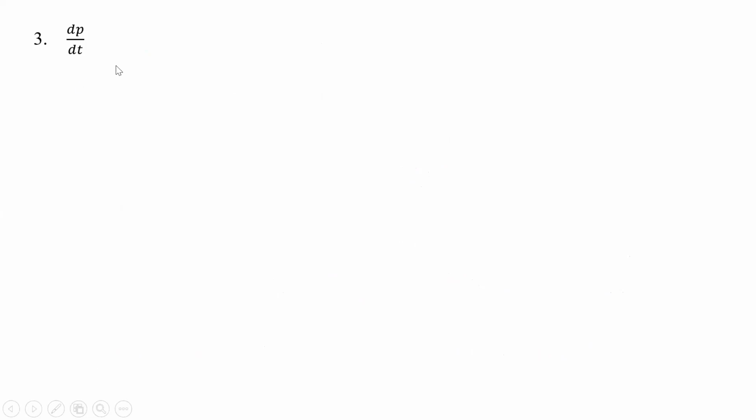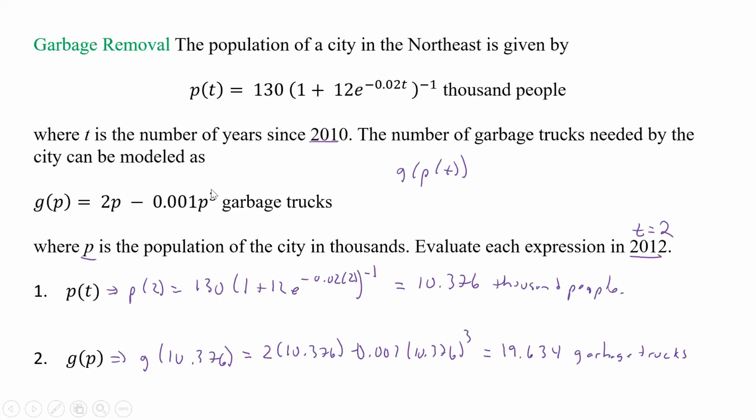Well, we have to think about what we're doing. So we're taking the derivative of this. So we need to write that down. So we have our P(t) is equal to 130 times (1 plus 12e to the minus 0.02t) to the negative 1.